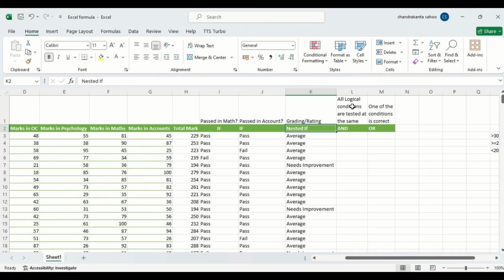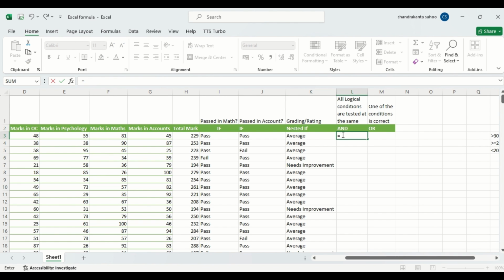But here, in the case of AND, when we have a series of conditions, it will test all the conditions at the same time. When we have the OR formula, if one of the conditions is satisfied or found to be correct, it will write true. So we have two options: whether the condition is true or false, it will give us. As you know, when we write a formula in Excel, we have to begin with the equal to symbol.